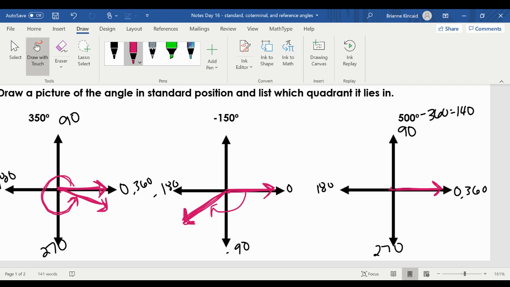It's going to be about there. Now, the only thing that I'm going to be careful of is I need to show that I've gone more than 360 degrees. So I start at 0, I go around the circle once to get to 360, and then I keep going another 140. So I have an extra kind of swirl in this picture.